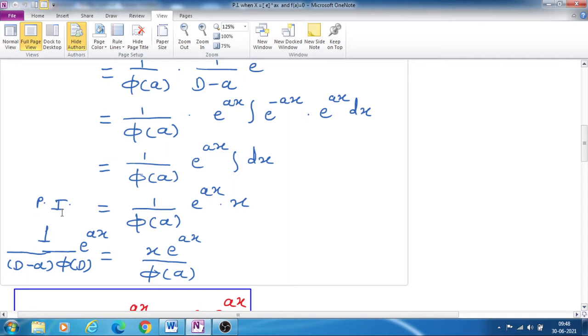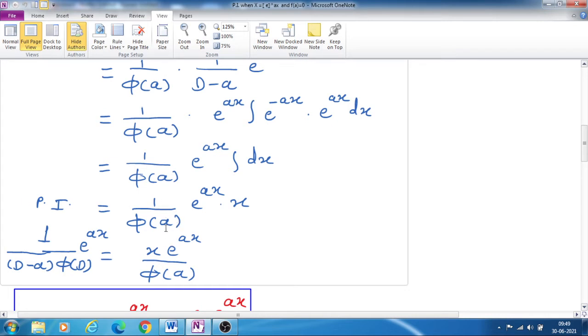So this is PI if there is a factor D minus a in f(D). Then for that factor we write here x, and for the remaining 1 upon phi(D) e raised to ax, we can use the result 1 upon f(D) e raised to ax is equal to 1 upon f(a) e raised to ax.